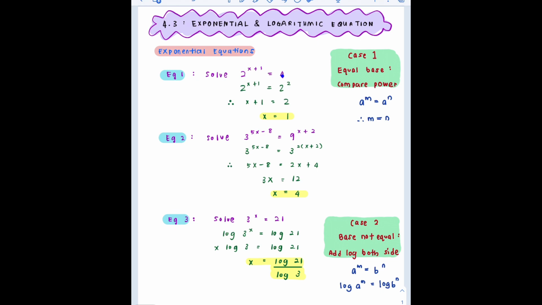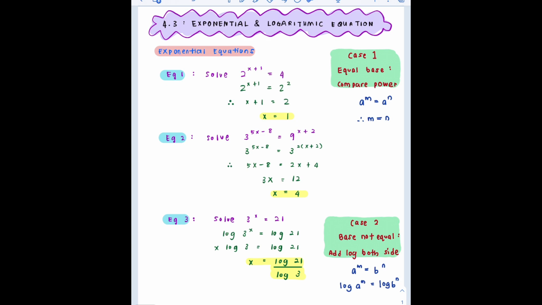Here, 4 can be written as 2 squared. So you have equal bases on the left side and the right-hand side, and you can just compare the powers: x plus 1 is equal to 2. Simplify this linear equation, bring 1 to the other side, so x is equal to 1.